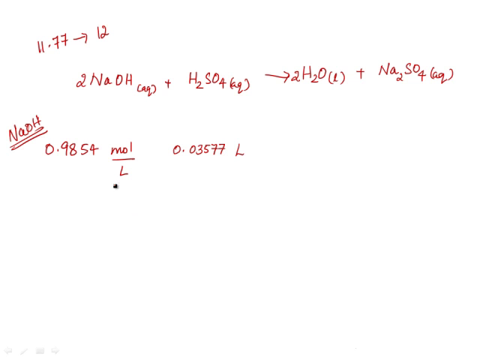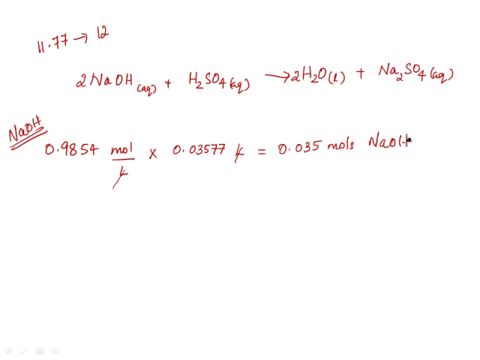Remember in acid-base titration, you need the number of moles. You just have to multiply these two because liters and liters will go away and that will give you the number of moles. So how many moles of NaOH do you have? 0.035 moles of NaOH. Right?